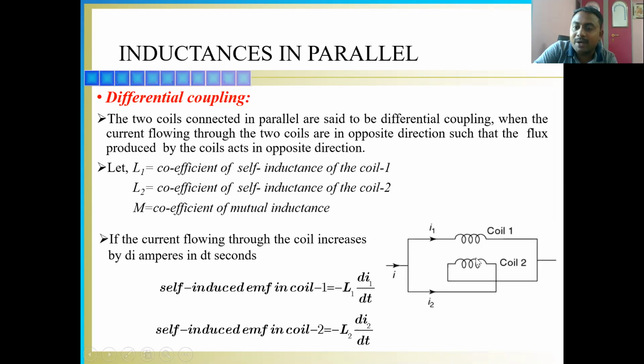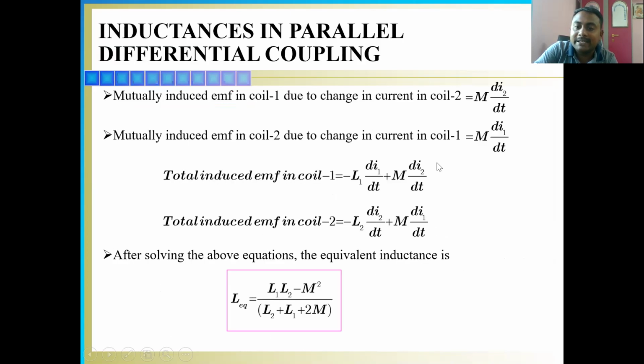So how am I going to write the M if they are opposing? The sign I consider for the self inductance is negative, so I have to write the positive M di2/dt. That is what I represented. Okay, the total induced EMF of coil 2 is minus L2 di2/dt plus M di1/dt. Why I am considering the plus: according to the dot convention, for opposing we have to consider the opposite sign of the self inductance, so I am considering it over here.